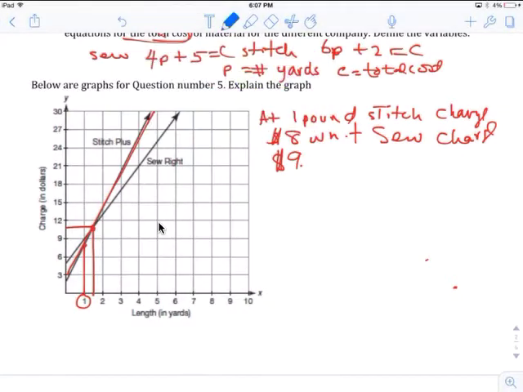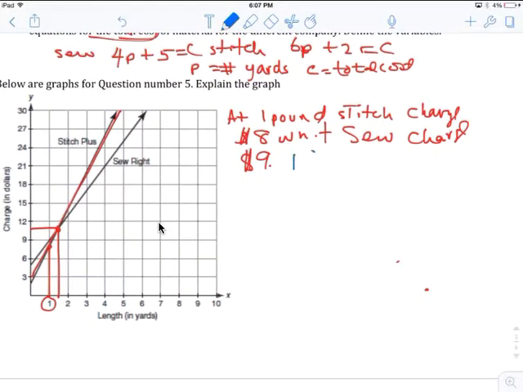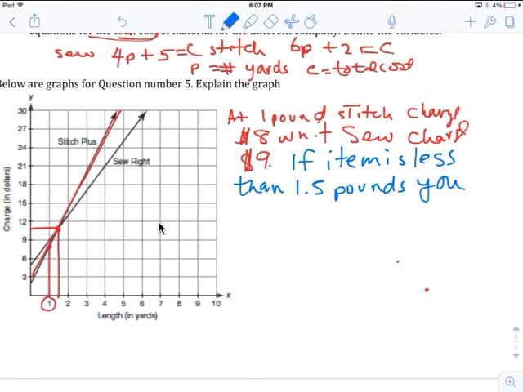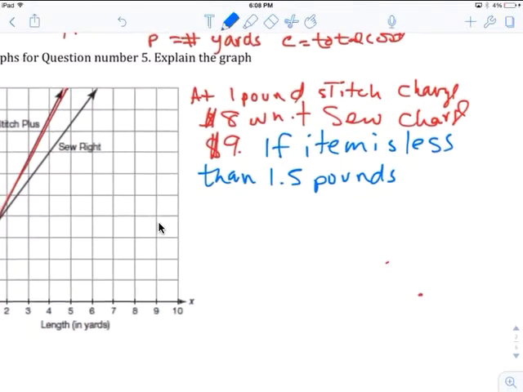At any point, if an item is less than 1.5 pounds, use Stitch.